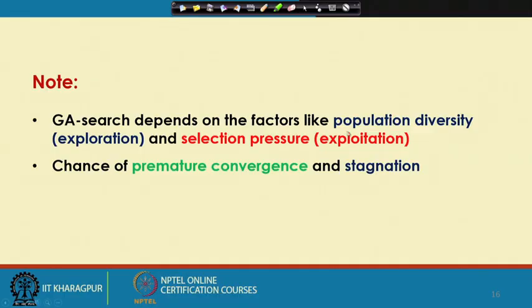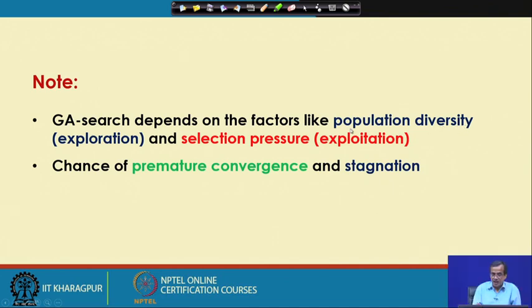Now, if he wants to concentrate on many areas, then the population diversity will be more, and he may not be able to concentrate on a particular area in depth. Consequently, he will not be able to carry out research in that particular direction.